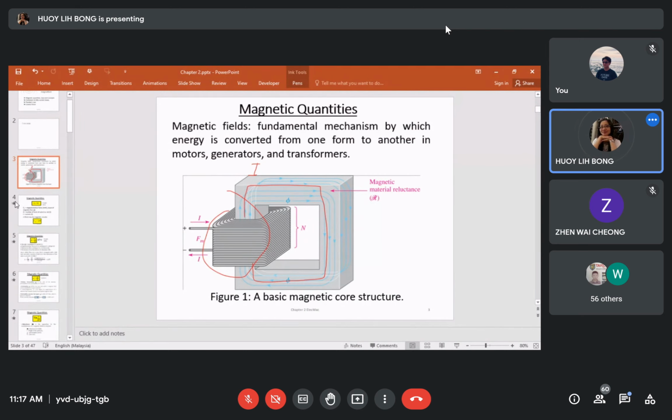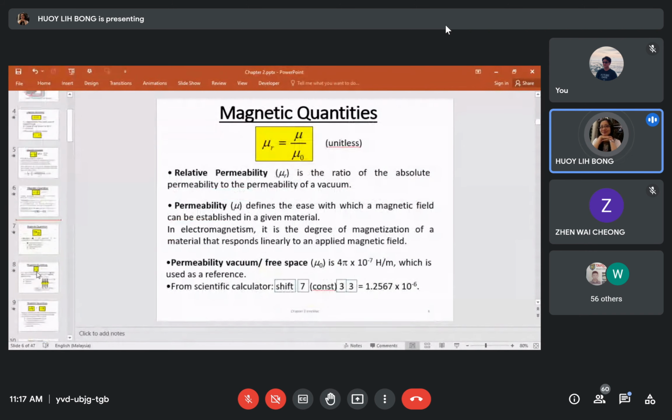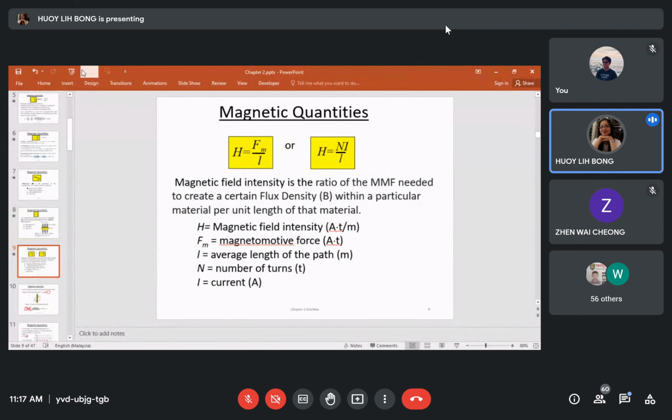So actually this equation, we don't use much. It's just for your knowledge. We don't use it much because it's for a certain length only.